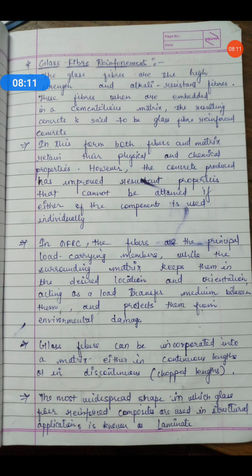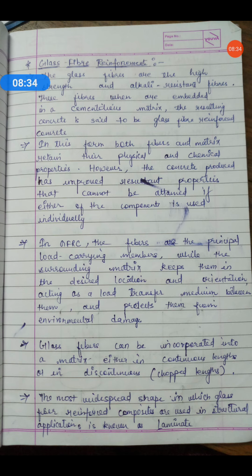That cannot be attained if either of the components is used individually. So by the combination of all these ingredients, you are getting very good resultant properties. That cannot be obtained by having these components individually.